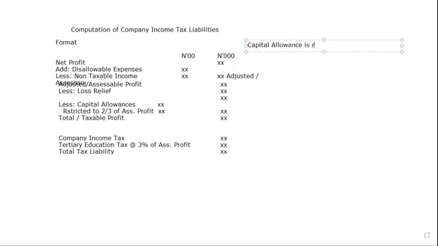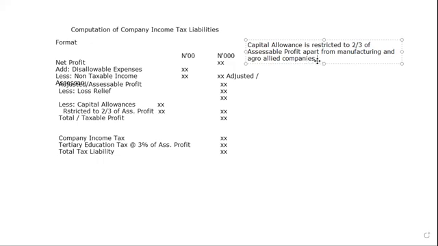Capital allowance is restricted to two-thirds of accessible profit, apart from manufacturing and agro-allied companies.